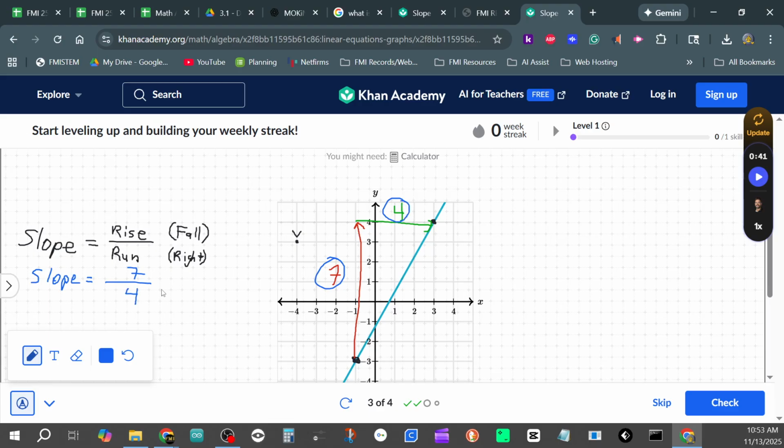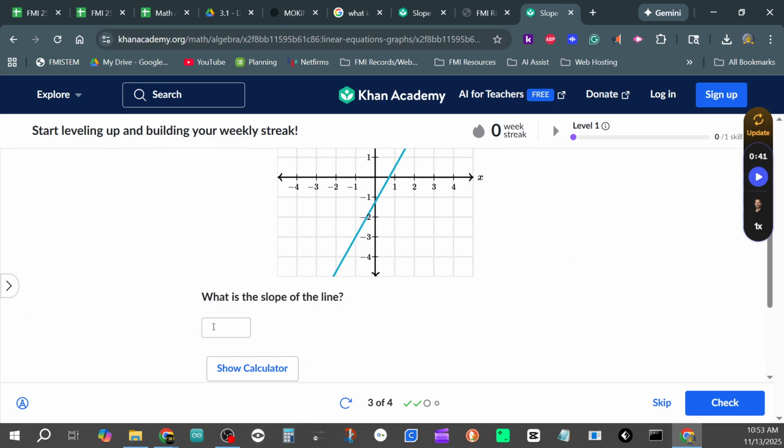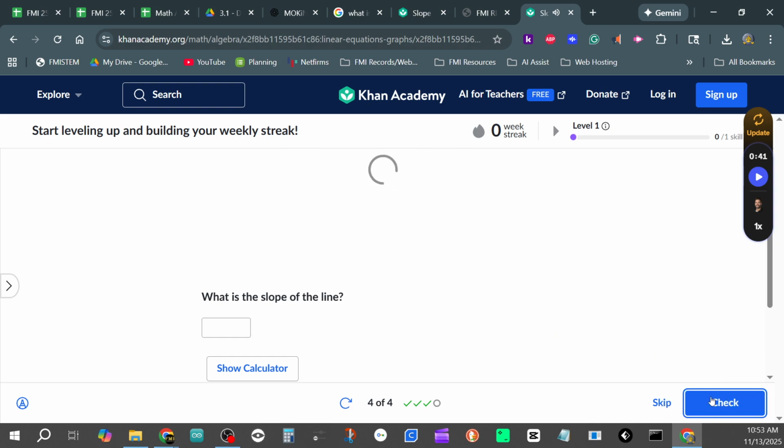So my slope is 7 over 4. So let's put that in there. Oh, turn off the editor. 7 divided by 4 should be it. And that's good. Okay, next question.